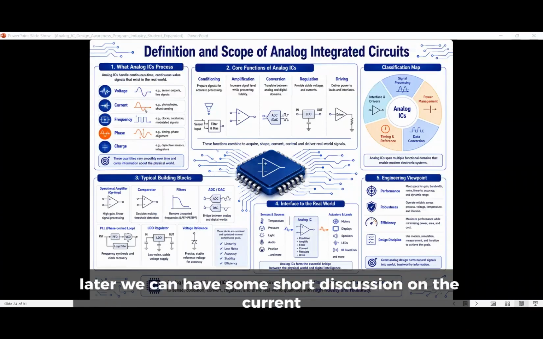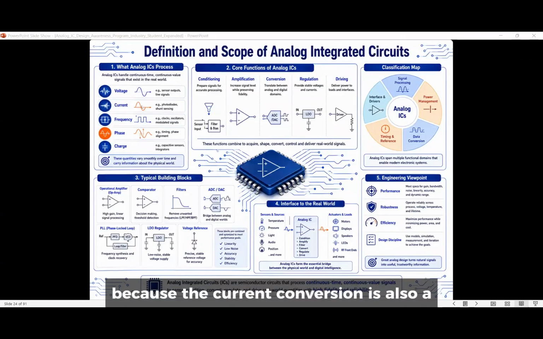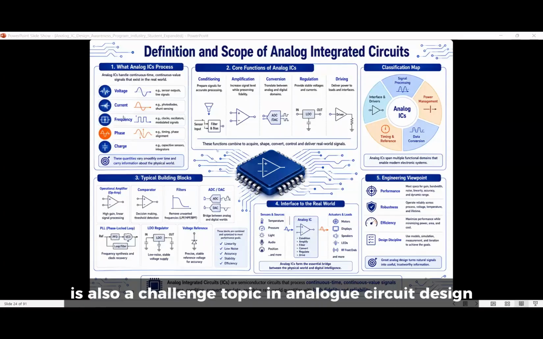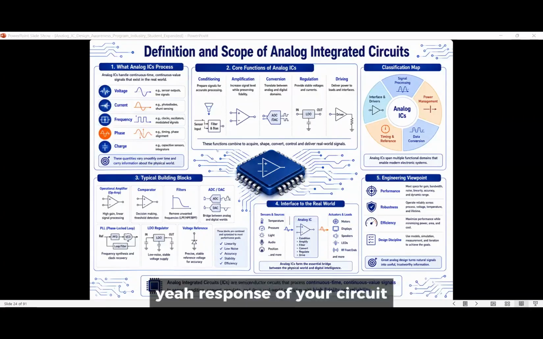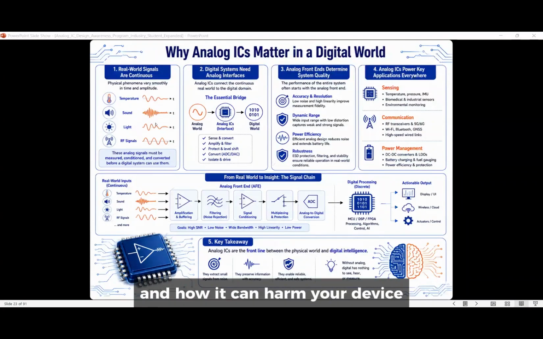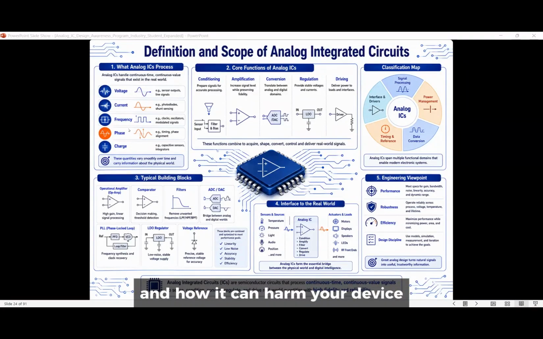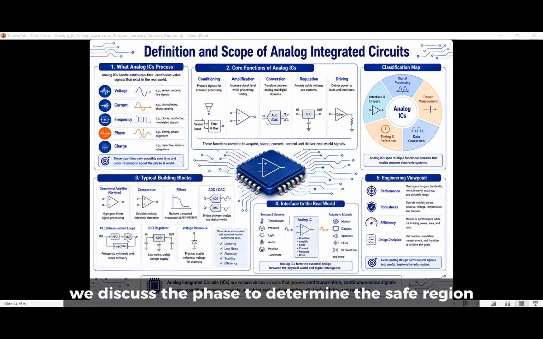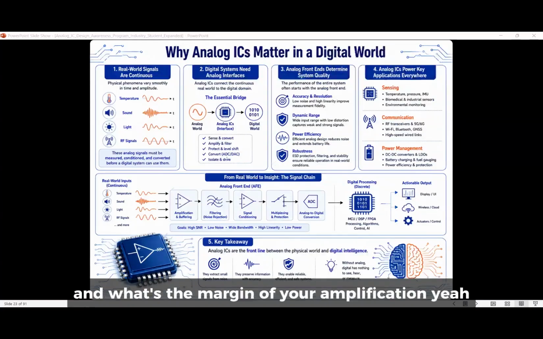Later we can have some short discussion on the current, because current conversion is also a challenging topic in analog circuit design. And we must also discuss the frequency response of your circuit and how it can harm your device and how to avoid these harmonics. We discuss the phase to determine the safe region and the margin of your amplification.